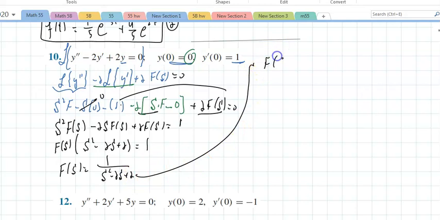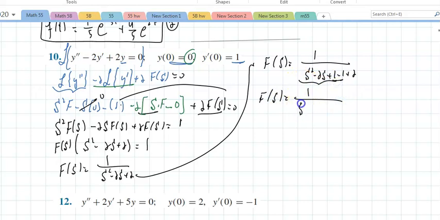Wouldn't you say F of s is 1 over s squared minus 2s plus 1 minus 1 plus 2? So I add 1 and subtract 1 to complete the square. Wouldn't that be s minus 1 squared? And wouldn't that be plus 1?